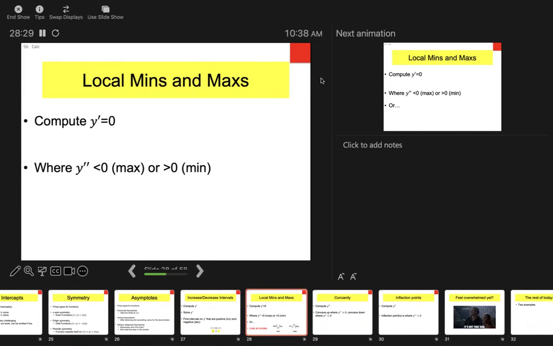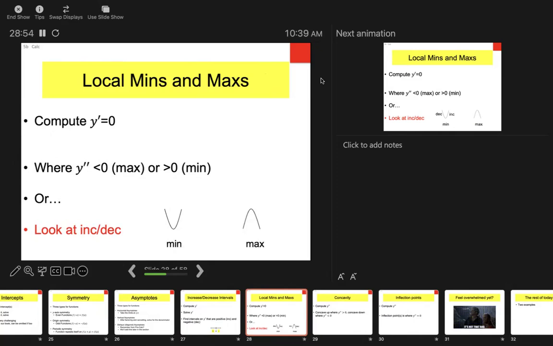If you already know where it's increasing or decreasing, you don't need the second derivative. You can get this information simply by looking at where it increases or decreases. Let me explain that, right? Yes, this method will work right here perfectly fine. If you're just looking for mins and max, that's what you should do. But if you've already calculated where it increases or decreases, you simply look at that, all right?